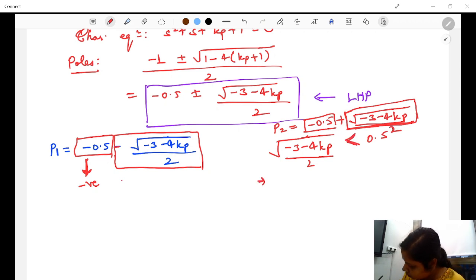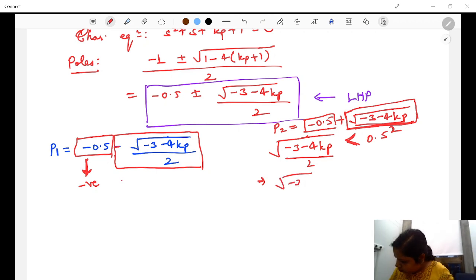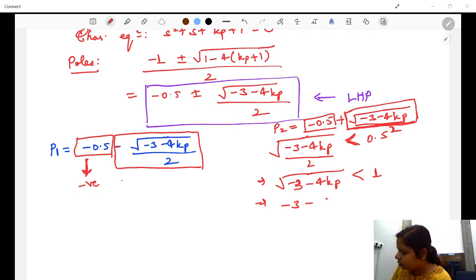If you try to put in this condition, it would be minus 3 minus 4 Kp is less than 1. Okay, minus 3 minus 4 Kp is less than 1.